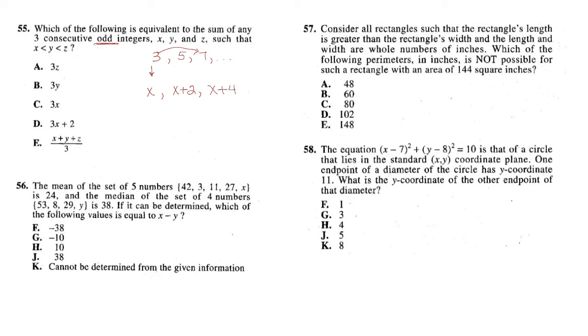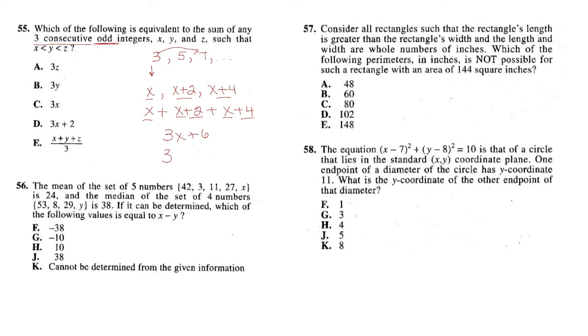Now, which of the following is equivalent to the sum of any 3 consecutive odd integers? So if we talk about the sum of any, notice we're going to add up each one of these. So I'm going to add x and x plus 2 and x plus 4. When I collect my x values, I have 3x. And then when I collect my numbers, I have plus 6. And we're wondering, well, what does that really look like in terms of my x, x plus 2, x plus 4?